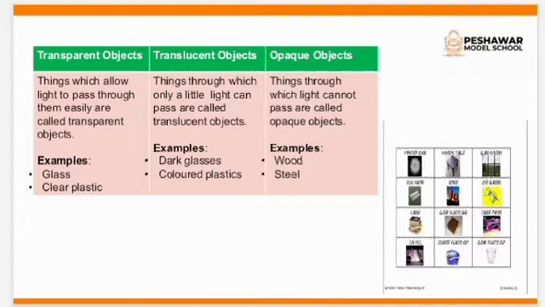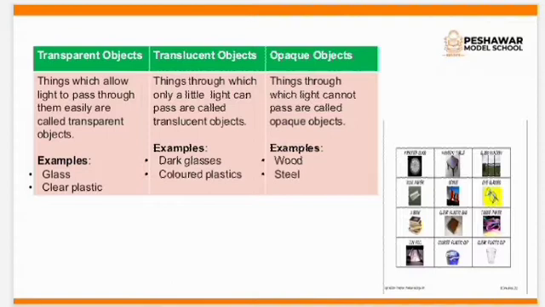Translucent objects. Things through which only a little light, or partial light, can pass are called translucent objects. Examples, dark glasses, colored plastics. Although light can pass, only partial light can pass, not complete light. Opaque objects.